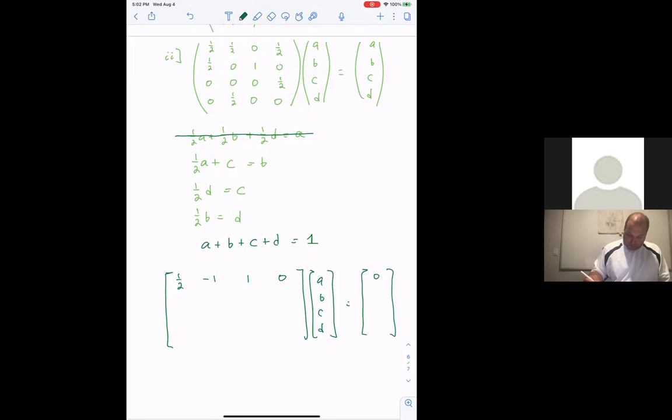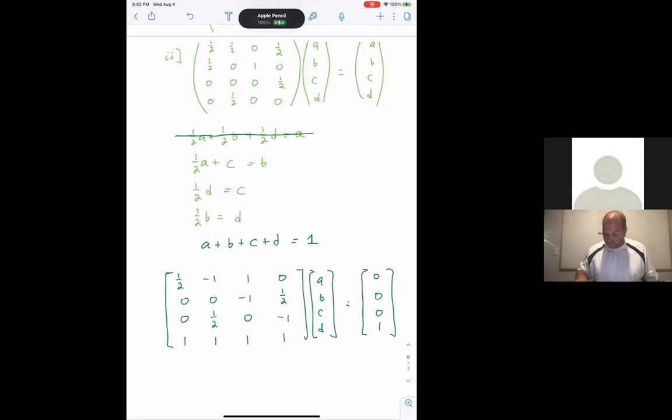The second one becomes negative 1C and 1/2 D equals 0. The third one becomes 1/2 B and negative 1D equals 0. And the last one becomes A plus B plus C plus D is equal to 1.